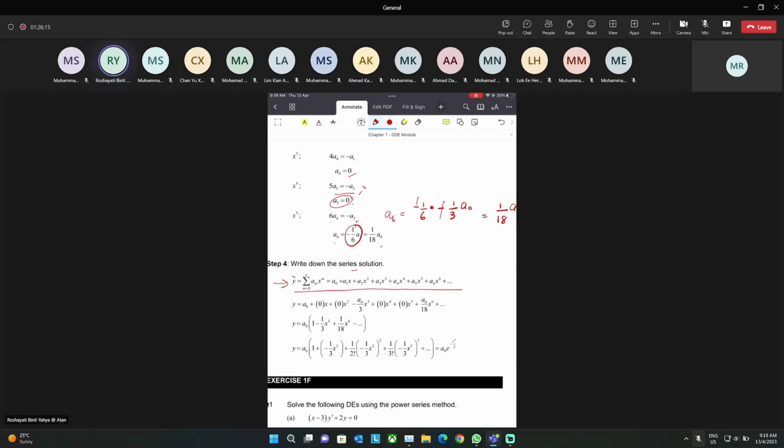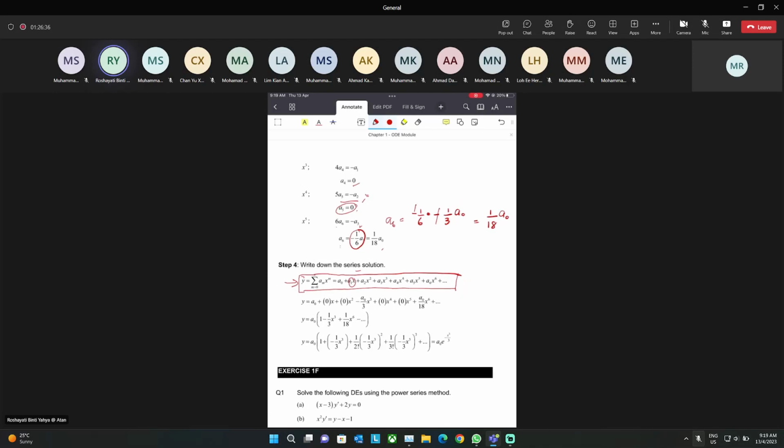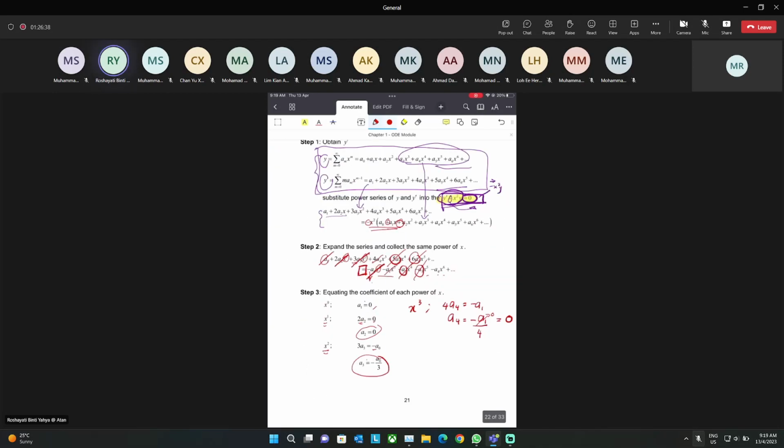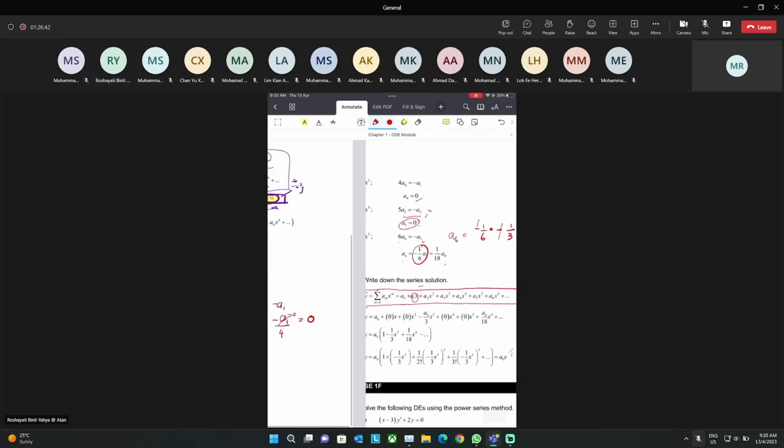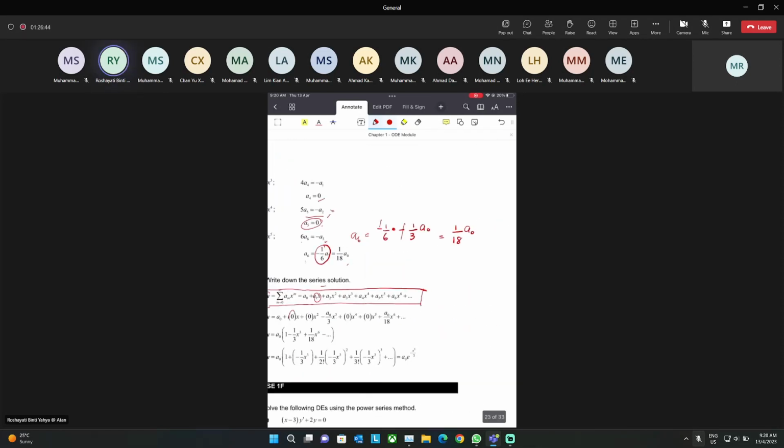Not written as, but based on this equation. So y equal to A0, we have A1x. So A1, what do we have for A1? A1 equal to 0. So that's why 0.